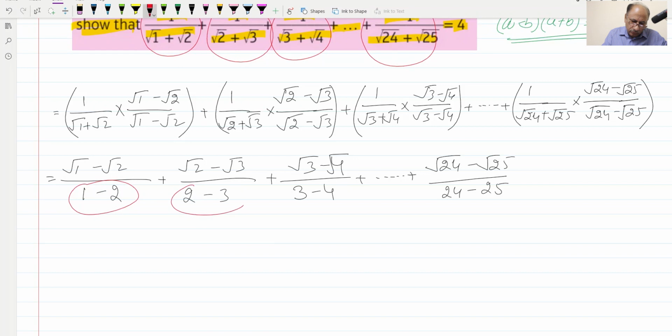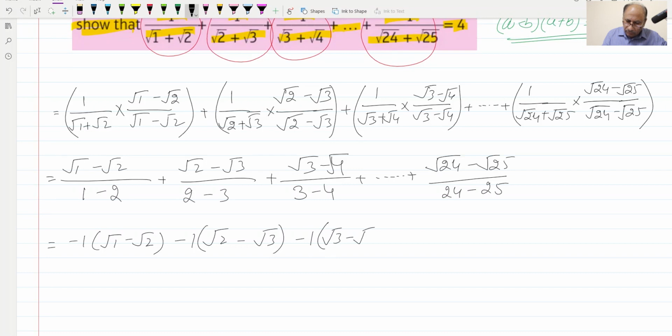Denominators will be resulting to minus 1. All denominators will be resulting to minus 1. So we can write the next step as, this will be equal to minus 1 into under root 1 minus under root 2, and minus 1 under root 2 minus under root 3, and similarly plus minus 1 under root 3 minus under root 4, and so on, minus 1 under root 24 minus under root 25.